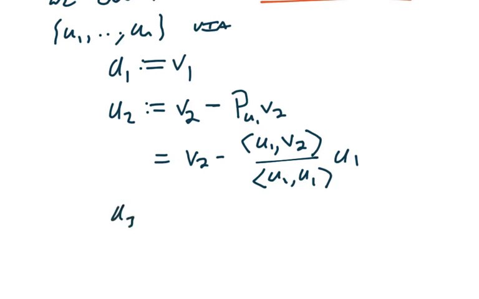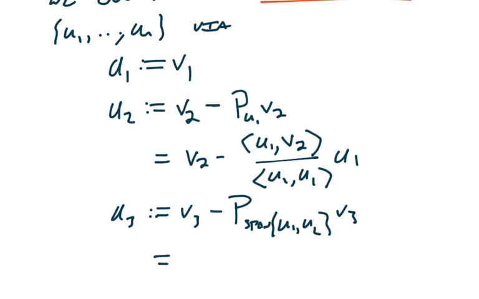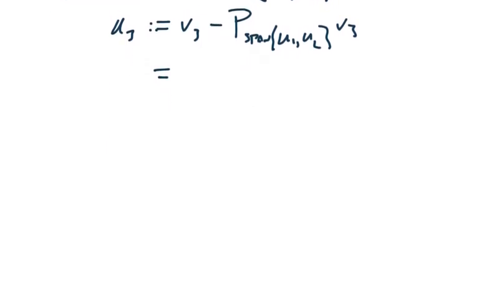U3, we take to be V3 minus the projection onto the span of U1 and U2 of V3. And remember, we saw a little bit earlier that this is the same as V3 minus the projection onto U1 of V3 minus the projection onto U2 of V3.